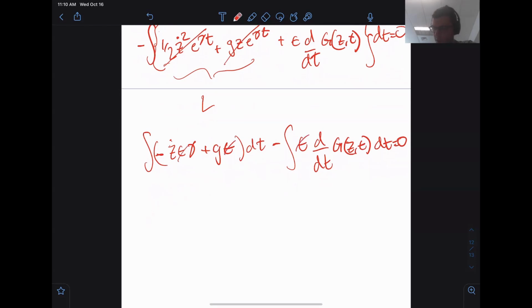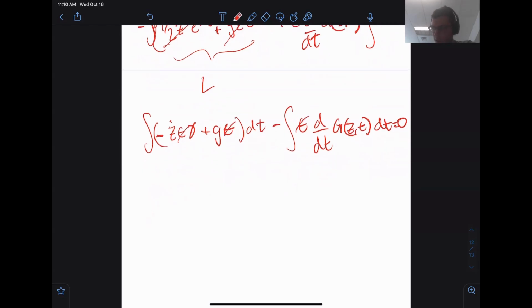We'll have epsilon again. And again, the integral of the derivative of G is just G. This time it will depend on z.